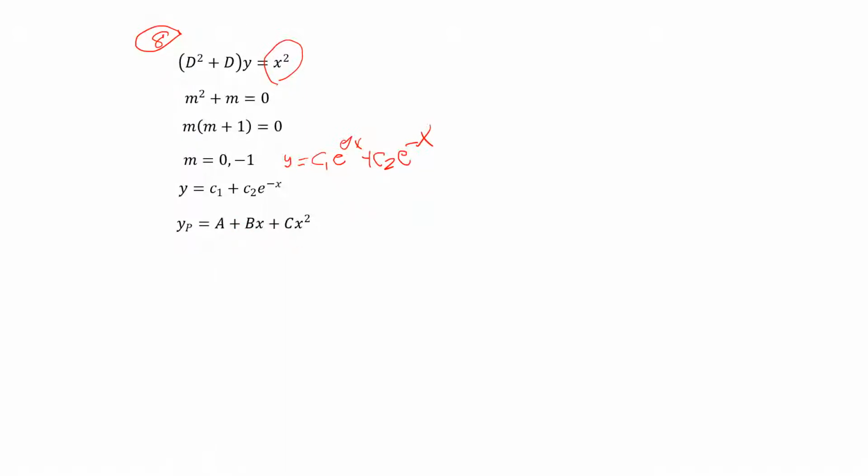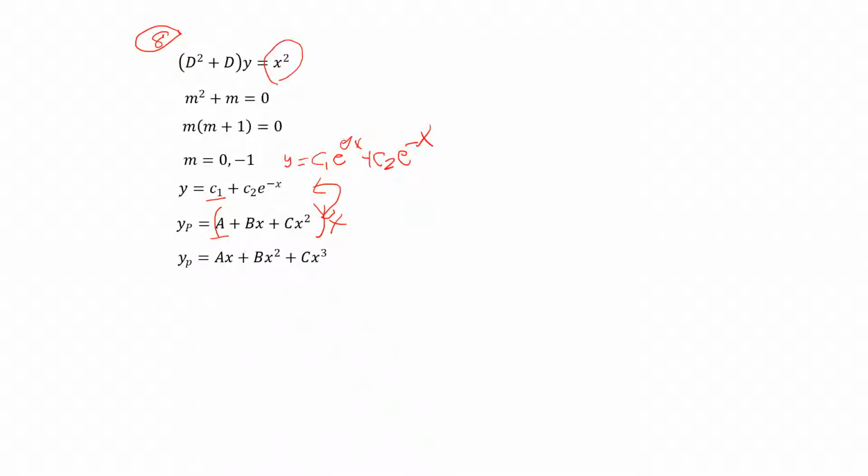Now you will have to compare these two. Is there something the same? You notice that c1 and a are the same. So there should be no similar terms here. So to cure that, you will have to multiply this by x and try to compare.